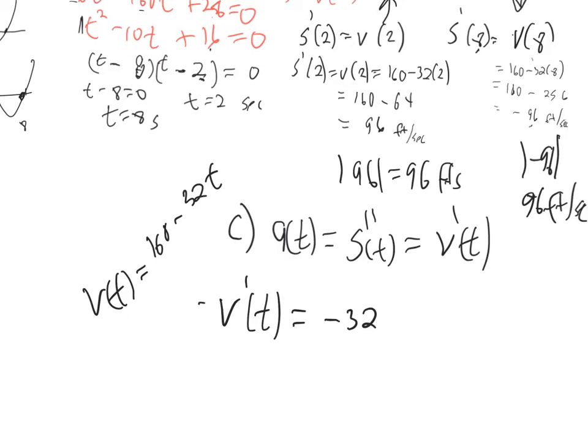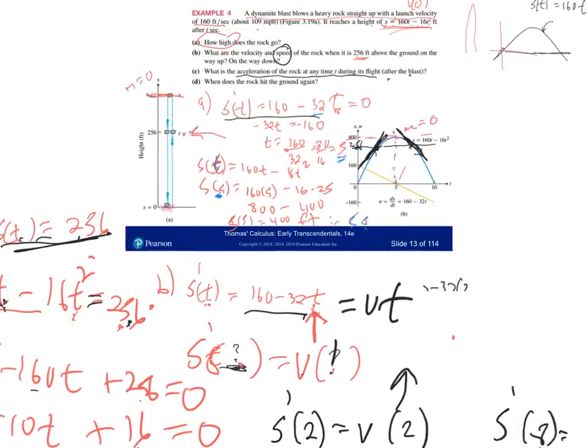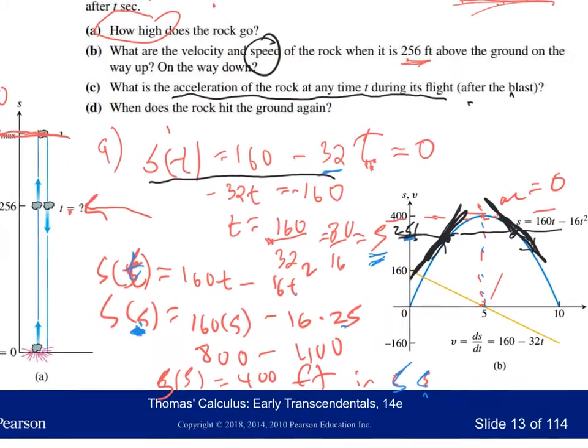And this is acceleration, so it's negative 32 feet per second squared. Why is it negative? Acceleration due to gravity. The direction of acceleration is downwards because it's falling. So I feel pretty confident now with A, B, and C.